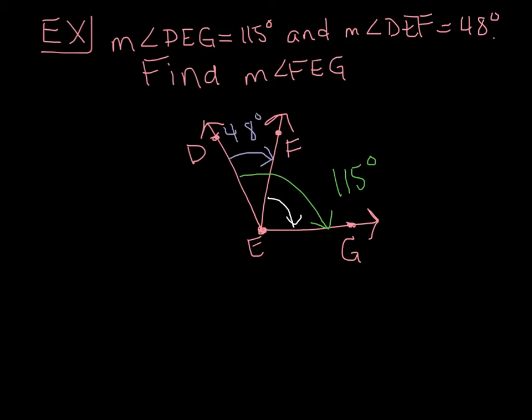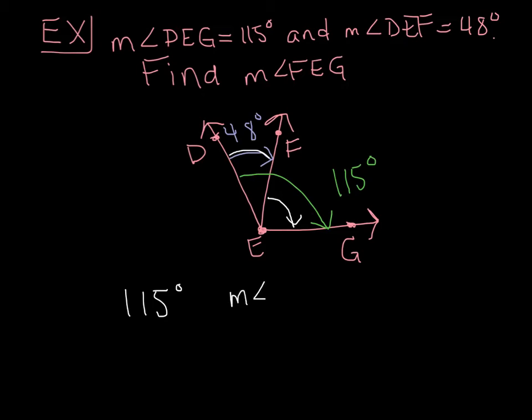So we want to know what is the measure of just this white part, angle FEG. So how can we do this? We know the entire angle is 115 degrees, so I'm going to apply the angle addition postulate because I know that this entire angle is made up of DEF and FEG. So if the whole thing, let me write that out for you.